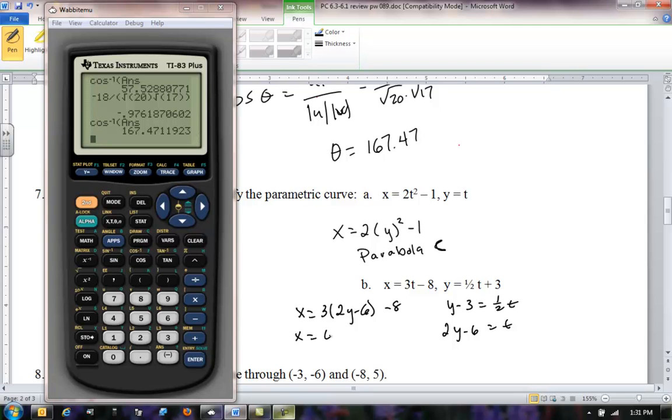That's going to be 6y minus 18 minus 8, 6y minus 26. Looks like a line.